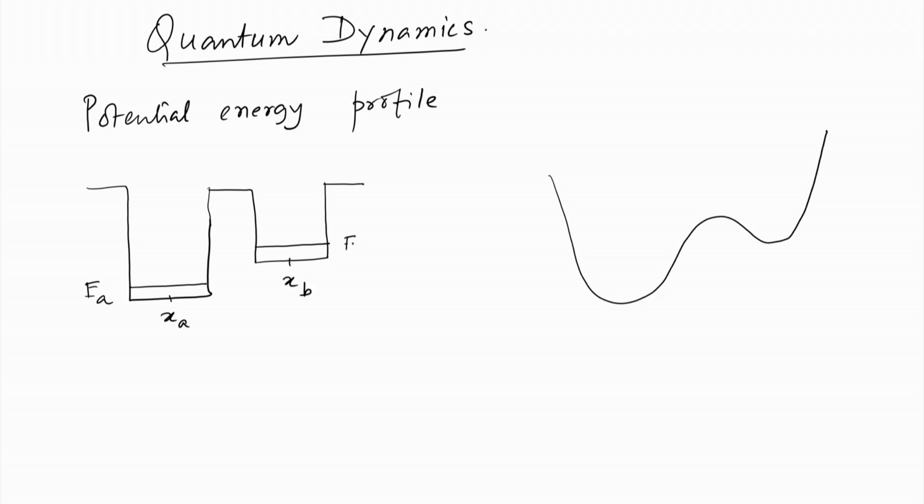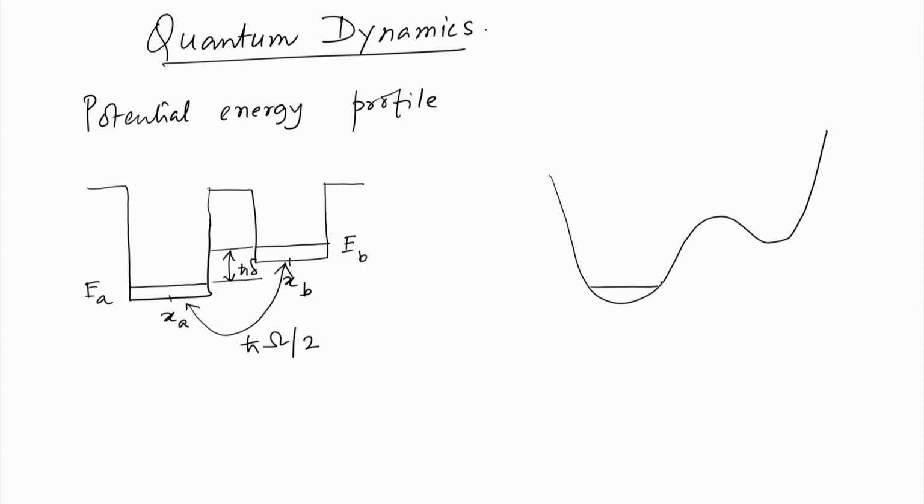So, this is E B, and the difference between the energies is called the detuning energy, and we will write it as h cross delta, whereas the coupling between the two wells will be written in terms of a coupling or a tunneling term, which we will write as h cross omega by 2.